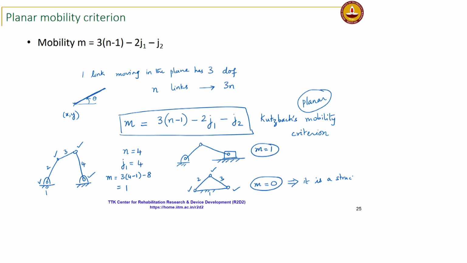So, the links cannot move with respect to one another. That is why for a ternary link, even if I just indicate it as 3 links, it does not matter, because it is already a structure, there can be no relative motion between the links. But it is good practice for you to either shade it or use the welds.